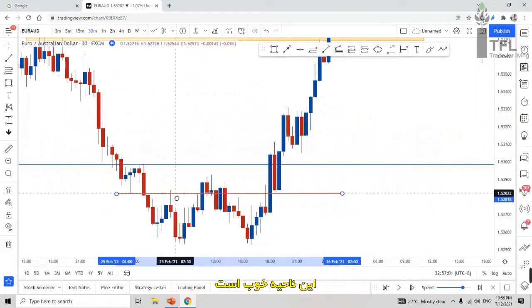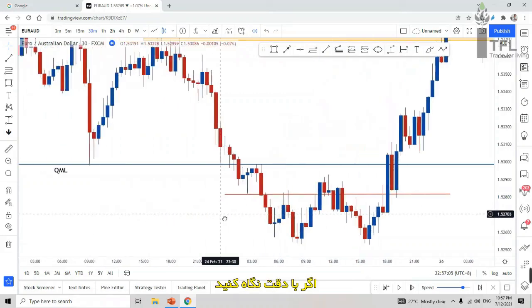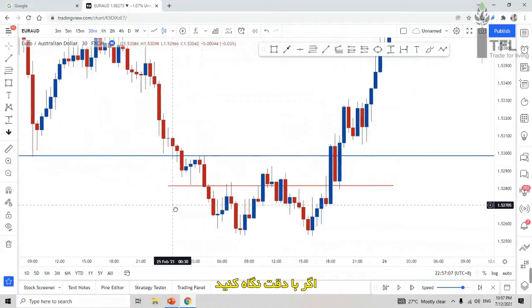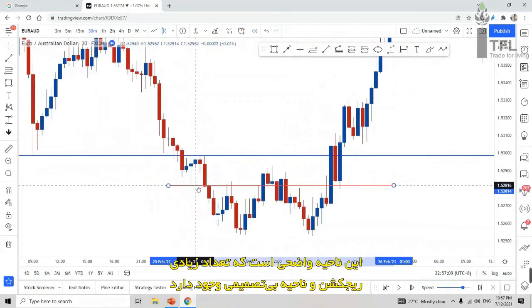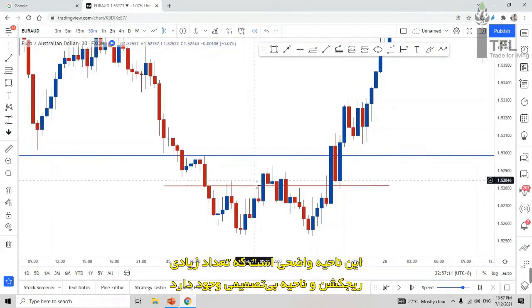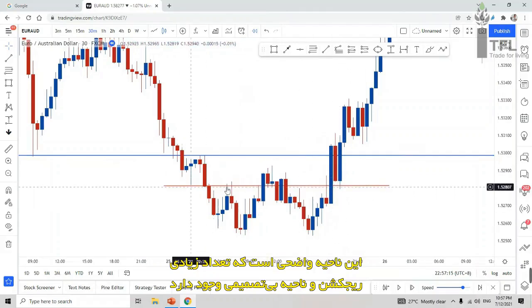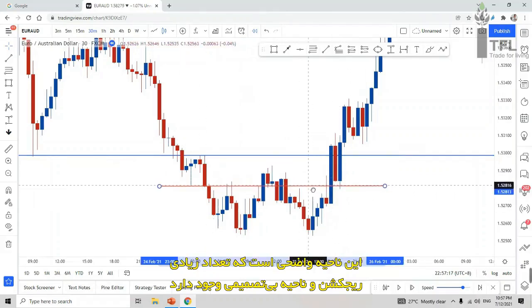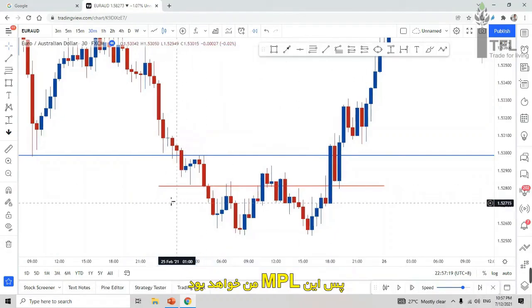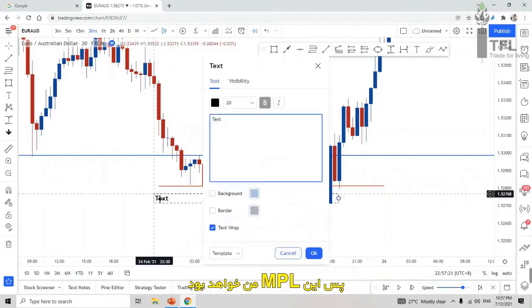So this is the area. If you look at it properly, this is a very obvious area where there's a lot of rejection, indecision, and then rejection, right around this area. So this is my MPL, maximum pain level.